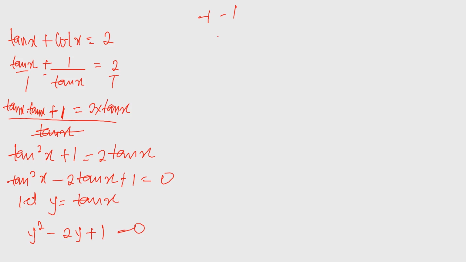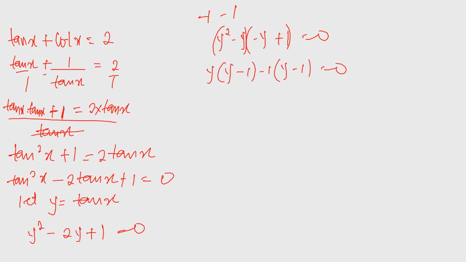So you are going to have y squared, then instead of writing minus 2y, you are going to write minus y minus y, then plus 1, which is equal to 0. At this point you can put it in brackets. In the first bracket, you see that y is common, so you take out the y, and you'll be left with y minus 1. Then in the second bracket, minus 1 is common, so if you take out the minus 1, you are going to have y minus 1, which is equal to 0.